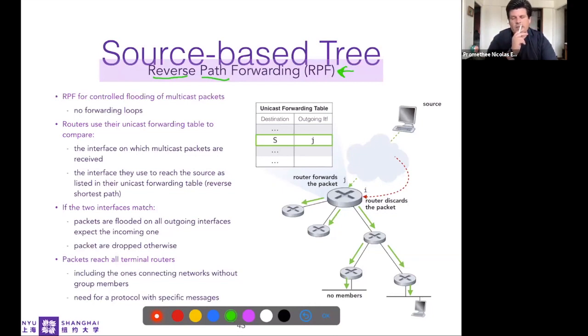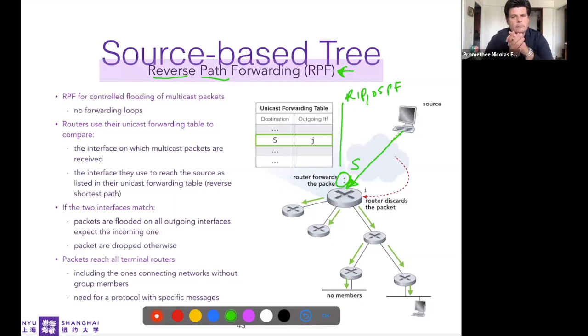Now there's something very interesting that they have as an idea. Let's say I have this router here, and the router is receiving some packet from the source. All routers are supposed to have a forwarding table coming either from RIP or OSPF. And whenever I receive a multicast packet, I will check what is the incoming interface of this packet.